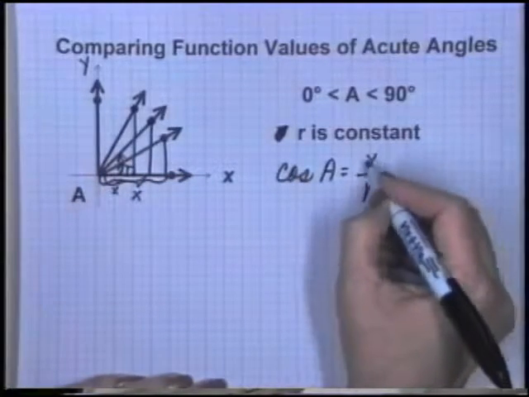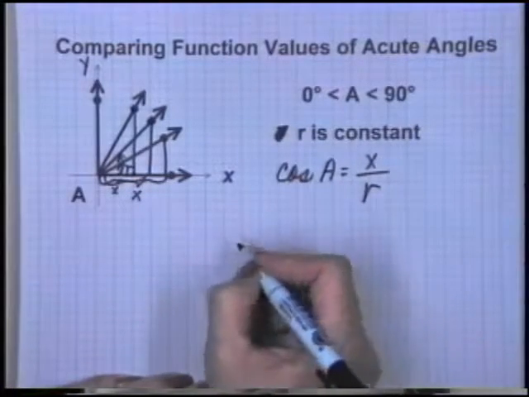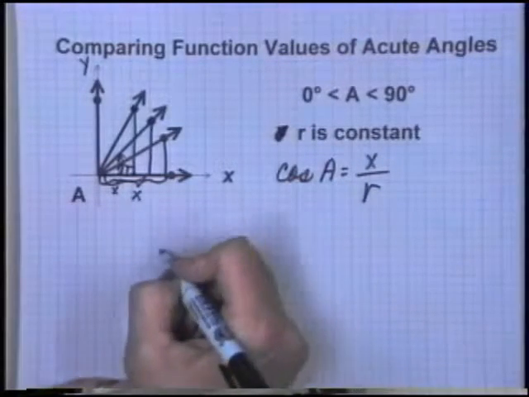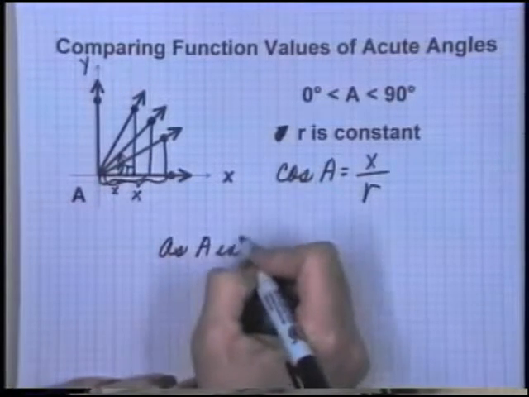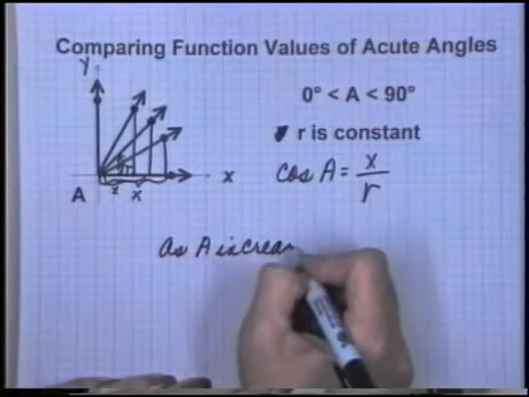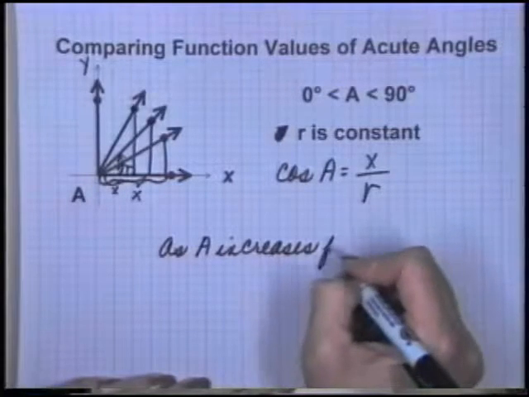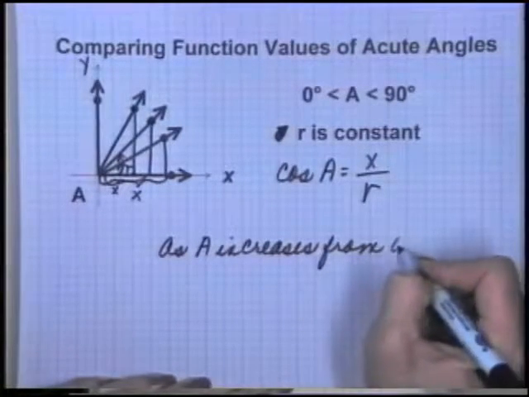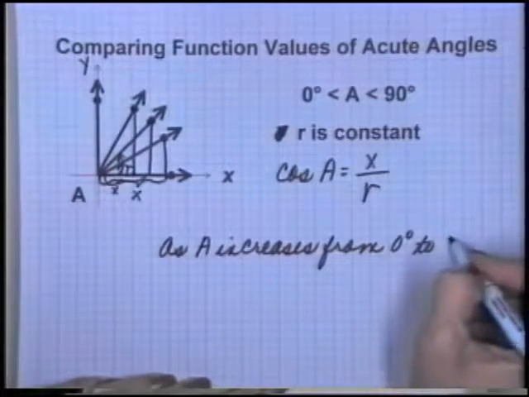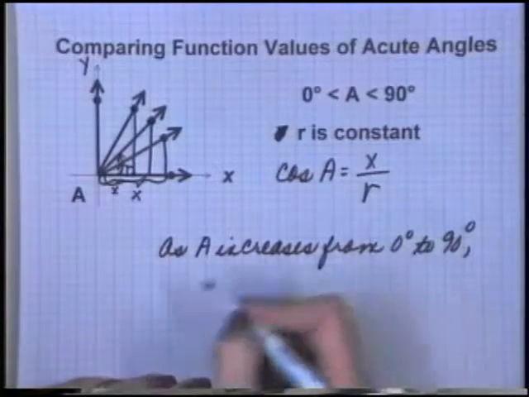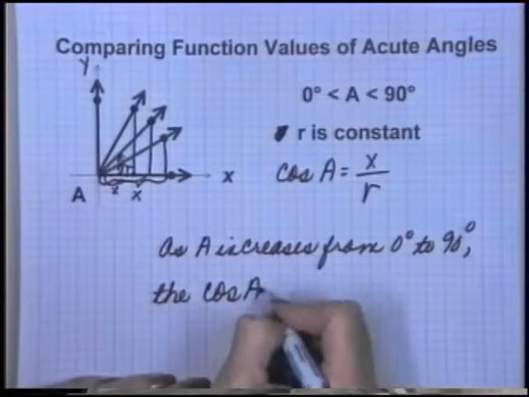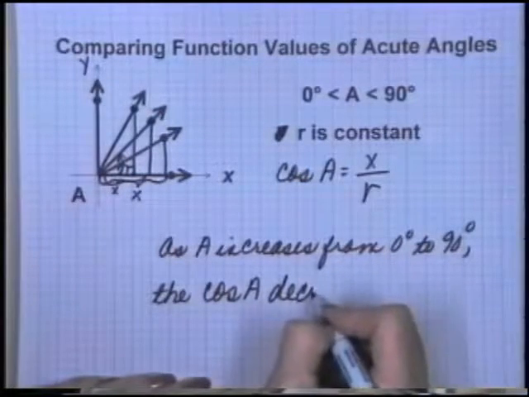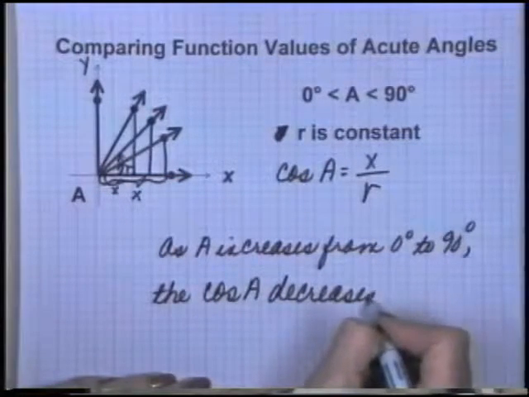So because my R's were constant and because my X's are decreasing, as A increases, as angle A gets larger from 0 to 90 degrees, the cosine of A decreases.